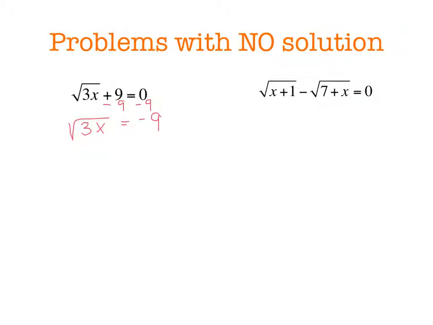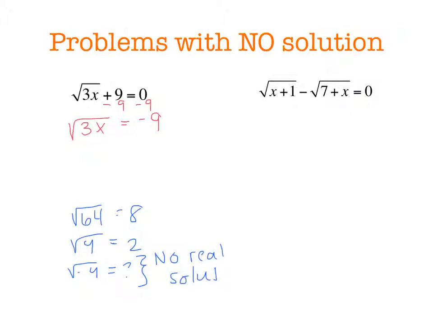I know back when you were doing square roots a long time ago, you would know the square root of 64 equals 8, the square root of 4 equals 2. But what happens if you have the square root of negative 4? This is called a non-real solution. So your answer here is going to be no real solutions.